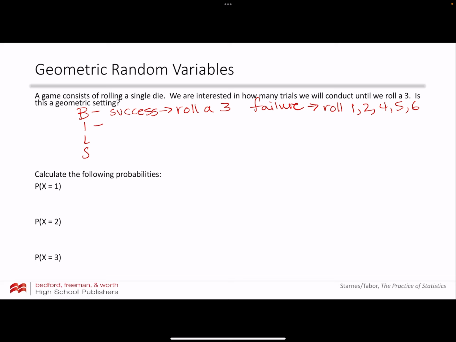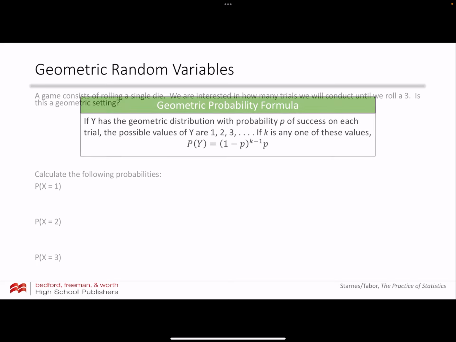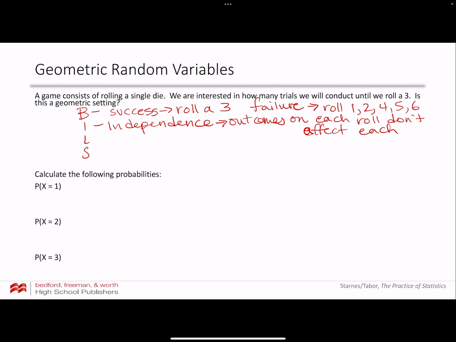So we have independence because the outcome of each roll doesn't affect the next roll. Whoops, hold on, sorry. The outcomes on each roll don't affect each other.